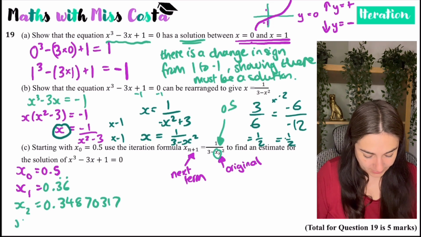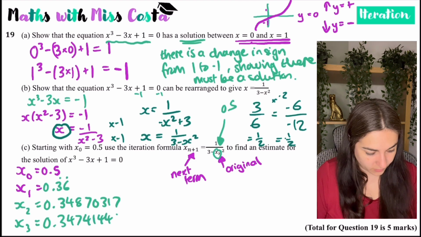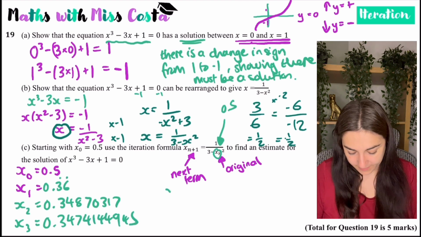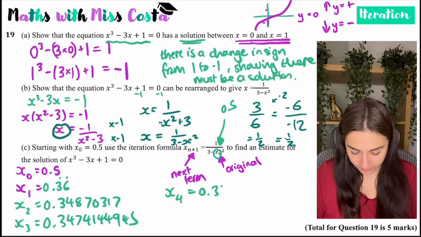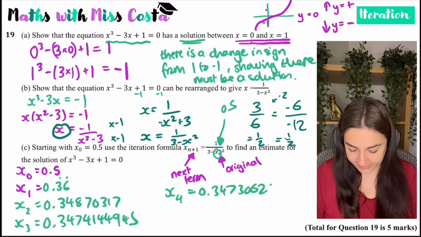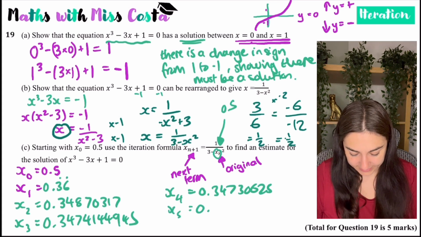So x3 would be 0.3474144,945. x4 would be, let's press equals, okay, 0.34730,625. Press equals again, is 0.3472971.